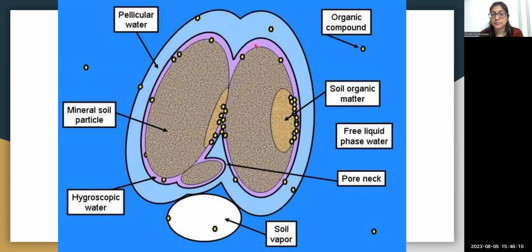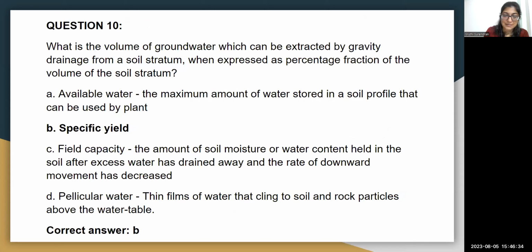It is held very strongly by the soil particle, so it cannot be extracted. The thin film of water formed over this hygroscopic water is called pellicular water. Outside of that, whatever water is available is what we can extract if we apply some pressure. Pellicular water is the thin film of water clinging to soil and rock particles above the water table.